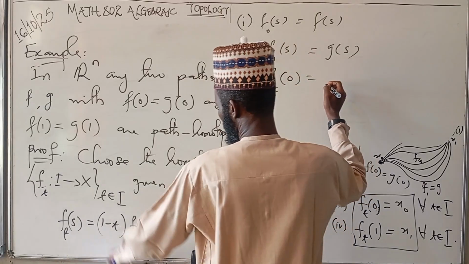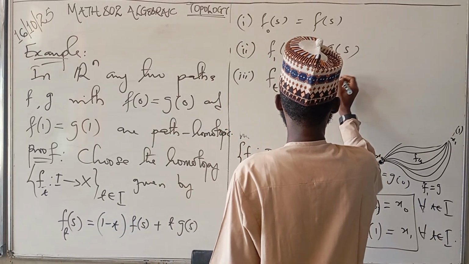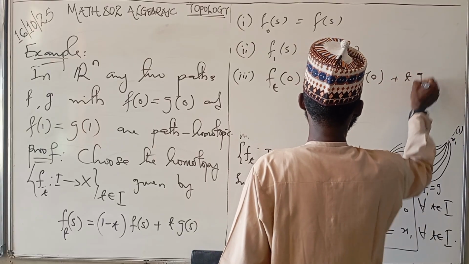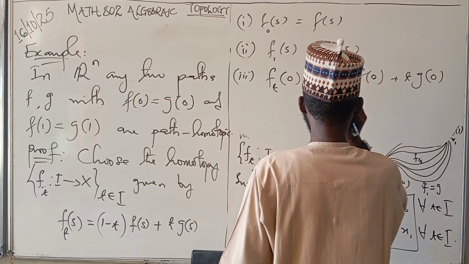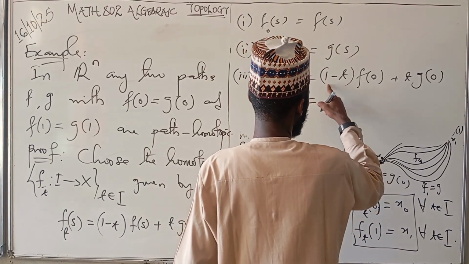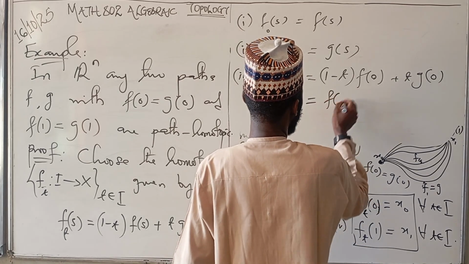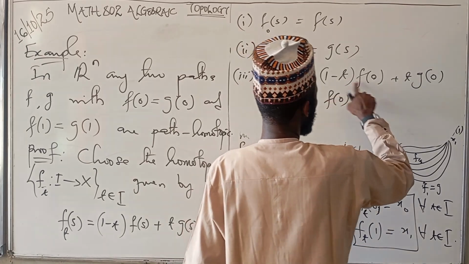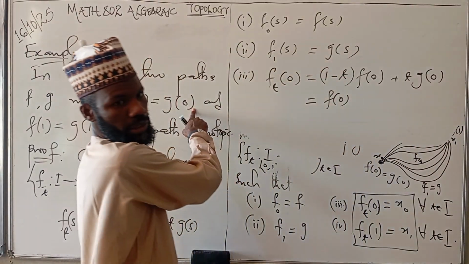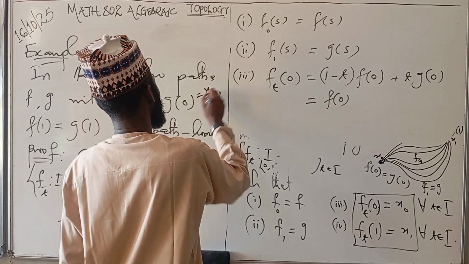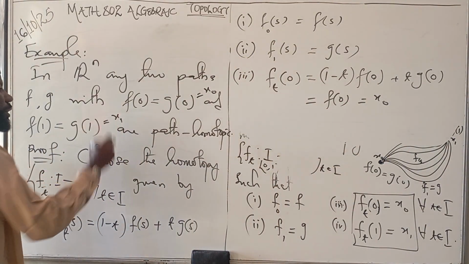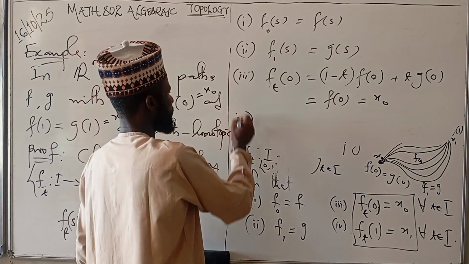Well, it will be (1 minus t) F of 0 plus t G of 0. That will be F of 0, because F of 0 and G of 0 are the same, so this will cancel. If I say this is x naught, what we have is x naught. And if I call this endpoint x1, the other one should give us also x1.